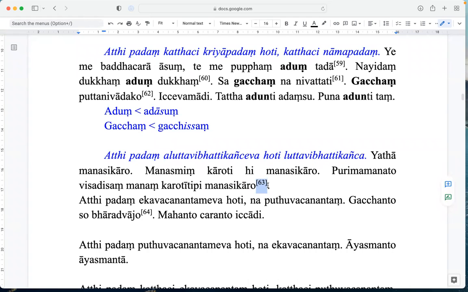Because Manas belongs to the Manoganadi group, right? Right. When we make Manodadu, you see we use the O ending, right? But here we use the stem ending Manas and insert the E.